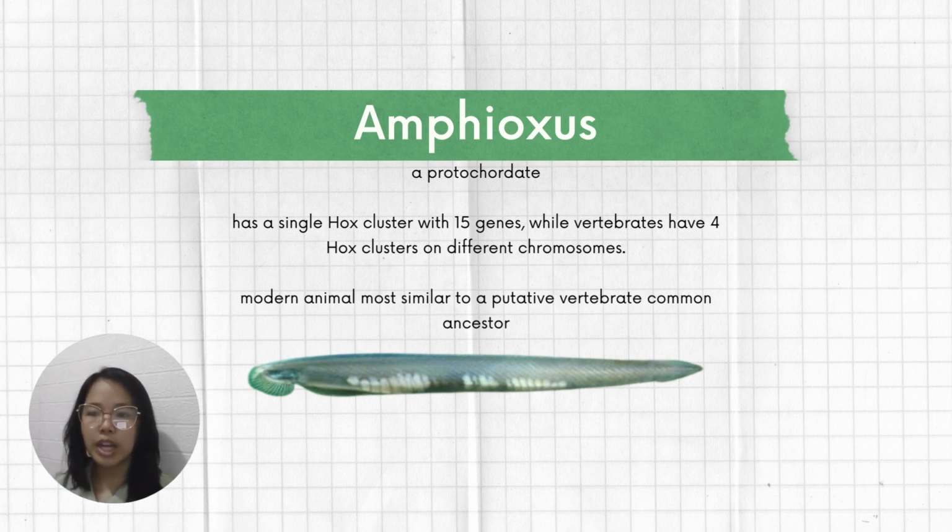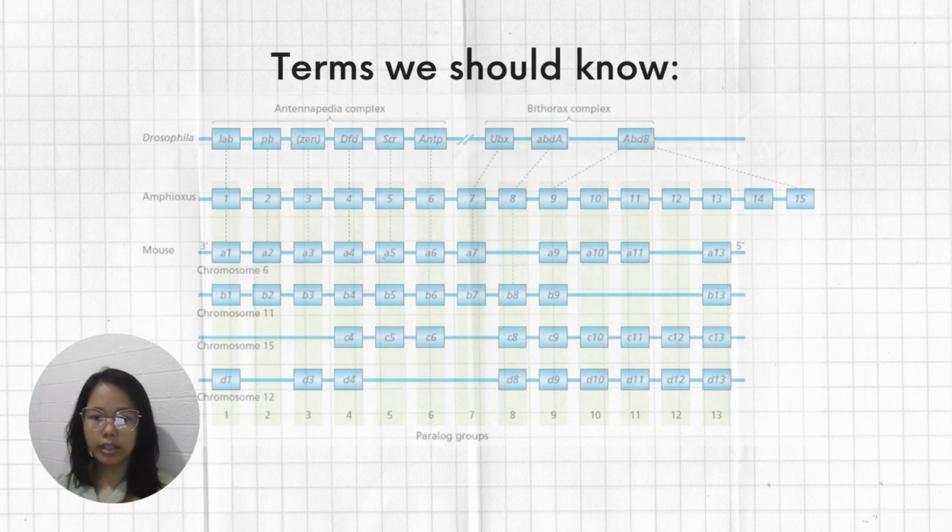Compared to vertebrates, which have four Hox clusters, the Amphioxus only has a single Hox cluster with 15 genes. Their relatively small number of Hox genes compared to vertebrates allows scientists to study the function of each individual Hox gene in detail without the complication of redundant or overlapping functions that can occur in more complex organisms.